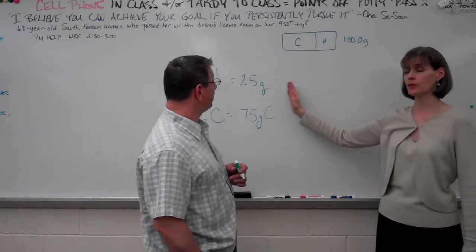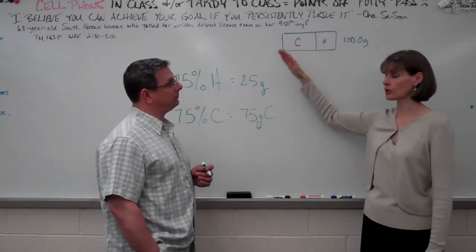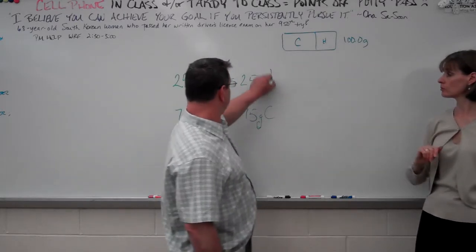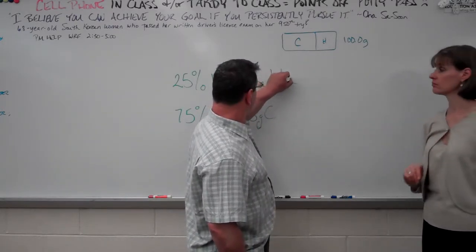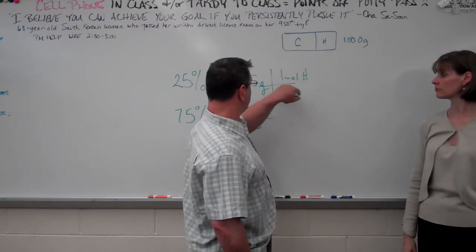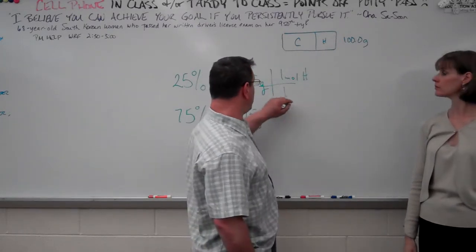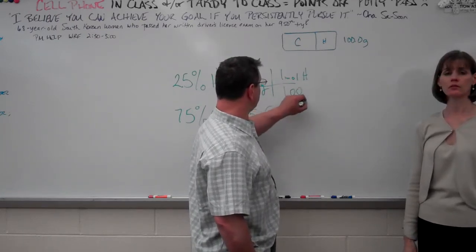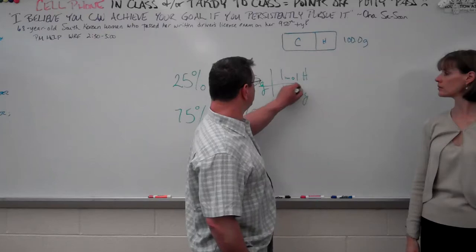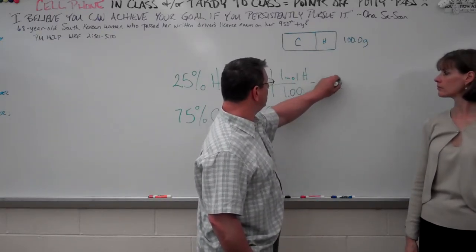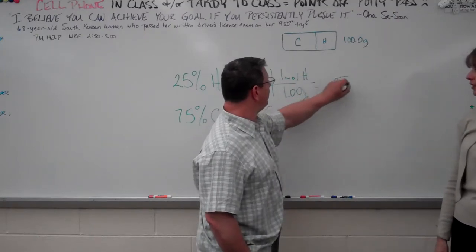So the first step is to assume you have a 100 gram sample, so you got the 25 grams, and you want to convert these to moles. So we need our train tracks. 1 mole of H is 1.00797 grams, grams cancel grams. That makes me feel happy. That's going to be 25.